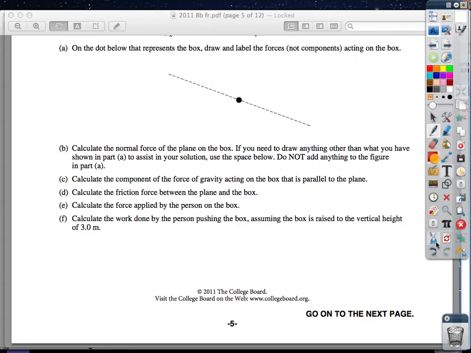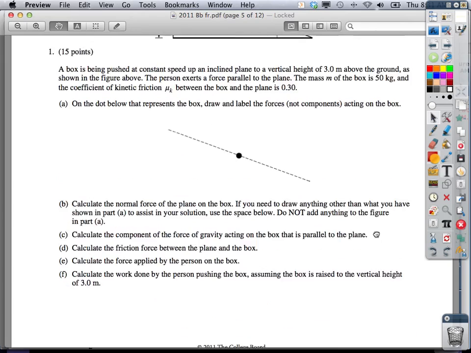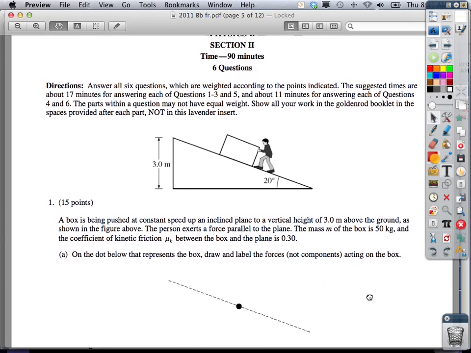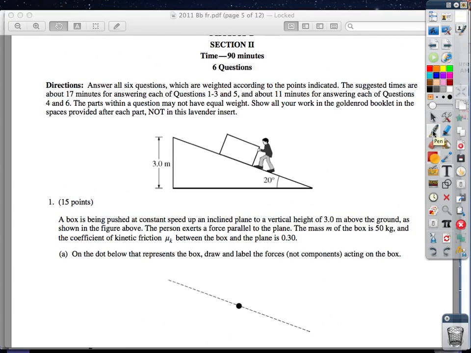Alright. Calculate the force applied by the person on the box. So that's just solving for FA. Let me take a look at this. Okay. They give us the mass of the box, so that's 50 kilograms. And we know that mu is 0.30.